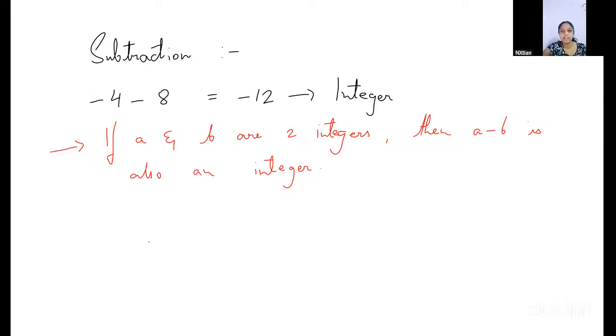Let's take a look at another question. When from any integer we subtract 0. Let's take any positive integer, 8. From it we subtract 0. We will get 8 itself.